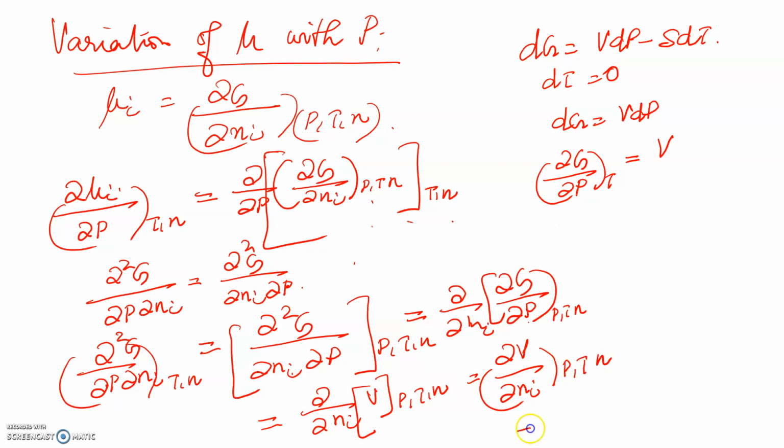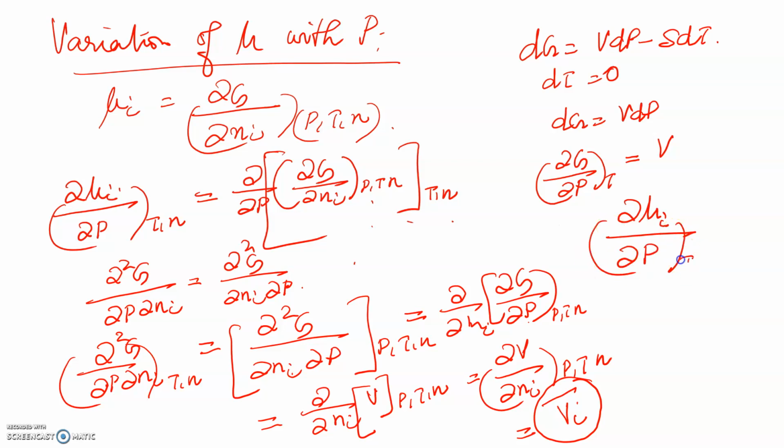What is this? If V is substituted by X, this is a partial molar property, and hence this is partial molar volume, V bar I. The variation of chemical potential, d mu I by dou P at constant temperature and N, is equal to V bar I. So how will you measure the partial molar volume of a component?